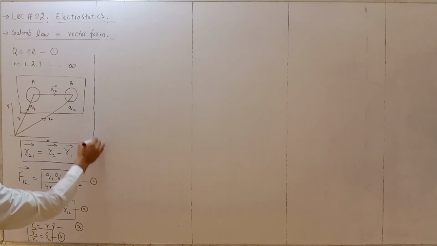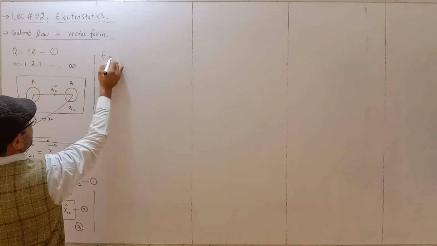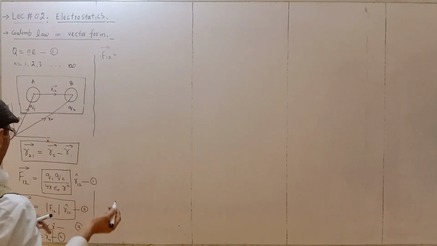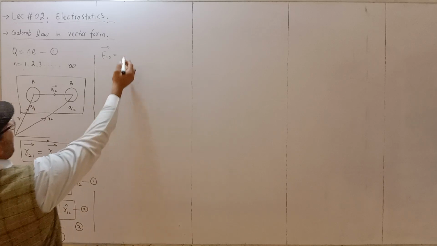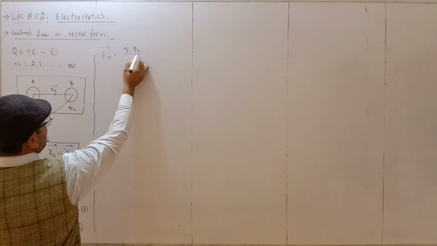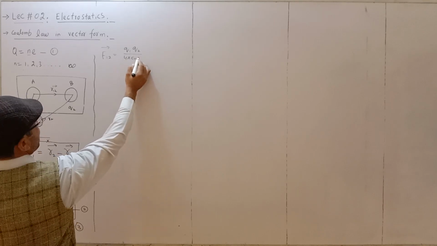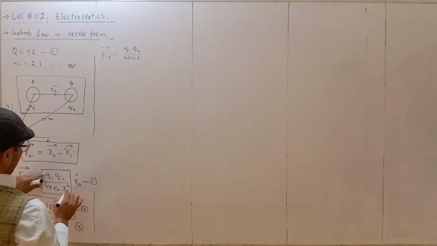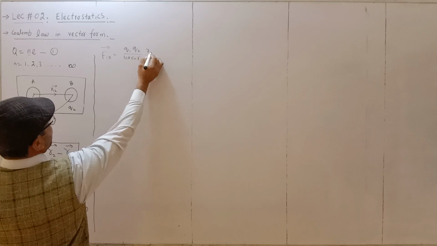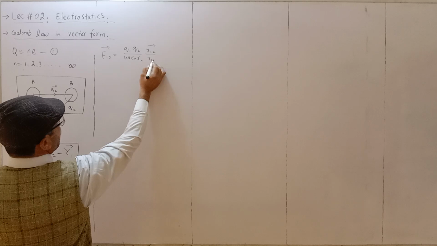So I will get the F12 vector. Basically this force is in vector form. So equation 1 becomes Q1 Q2 divided by 4 pi epsilon into R12 vector divided by R12.